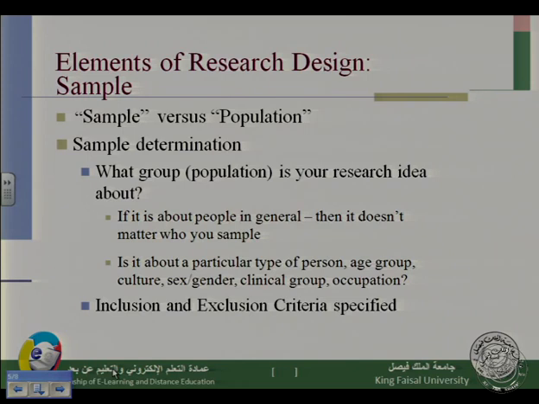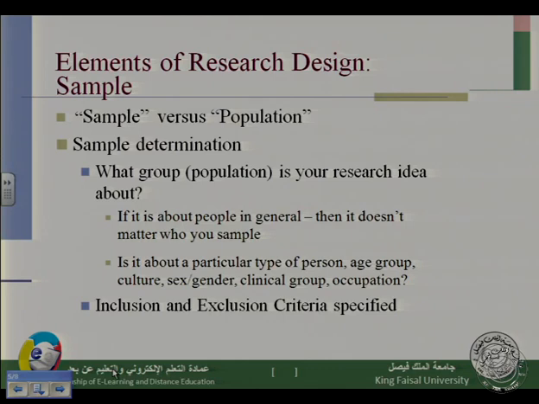This is the scientific way to do it. So what group or population is your research idea about? So we know the population, and then we select from them. If it is about people in general, then it does not matter who you sample.